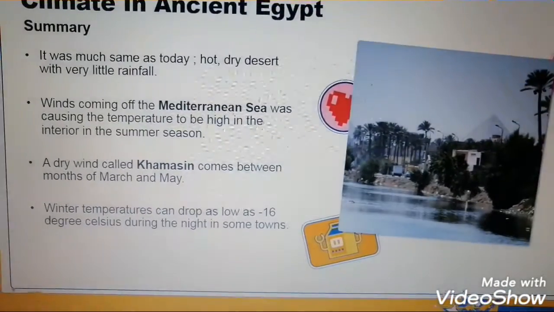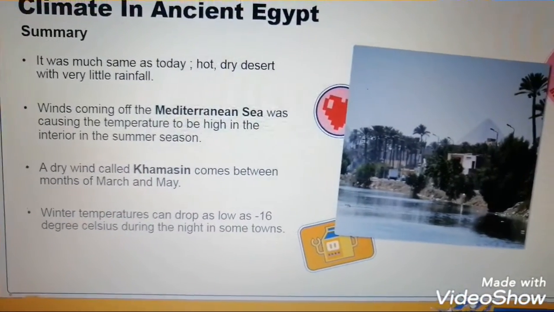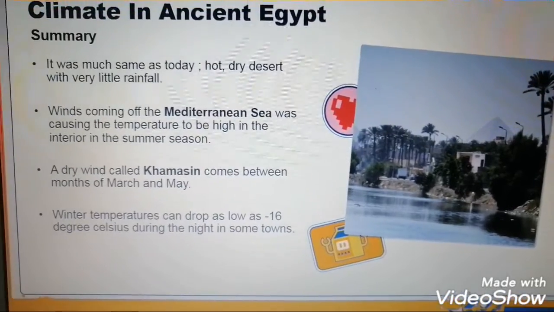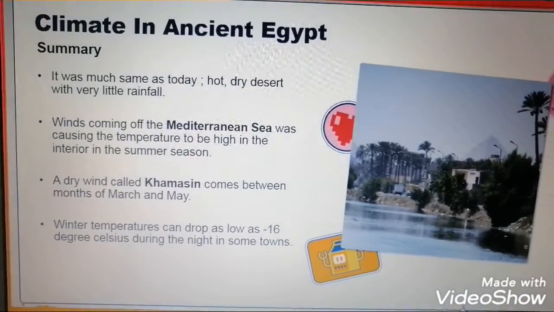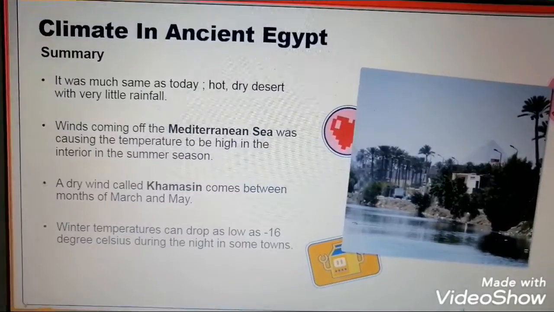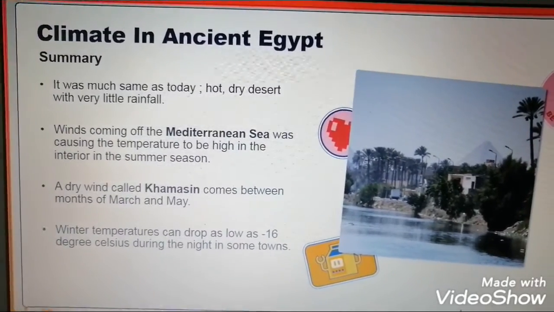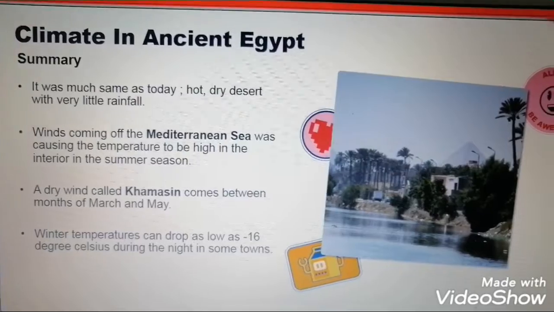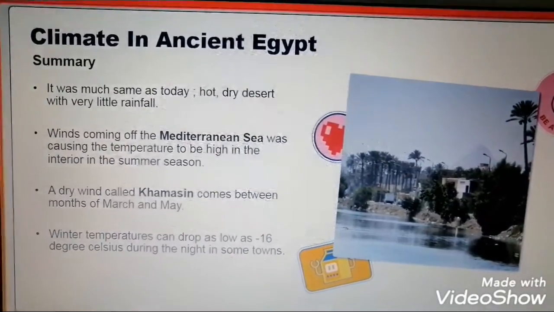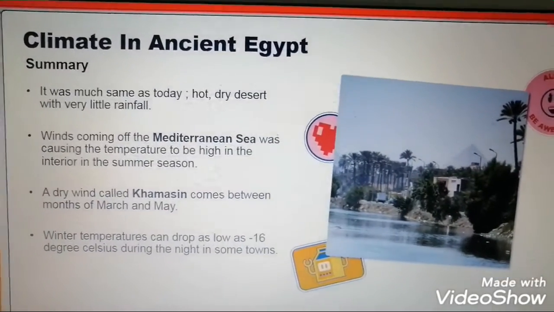Now, in the cold weather and during winter season, there are no negative temperatures, right? There's no temperature below zero now in Egypt. So this was happening only in ancient times.